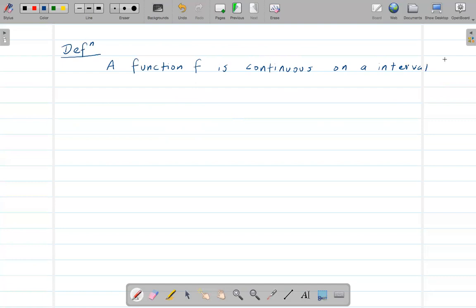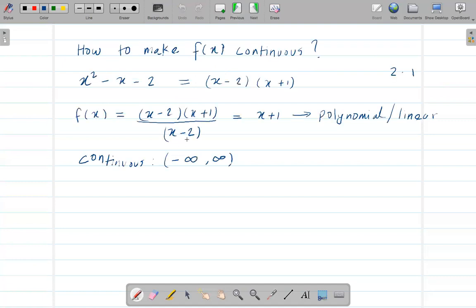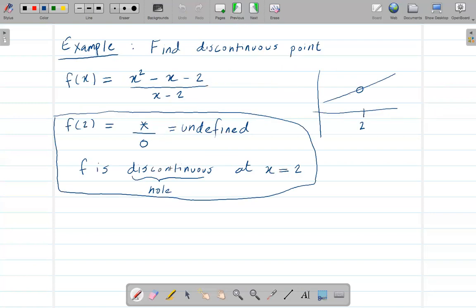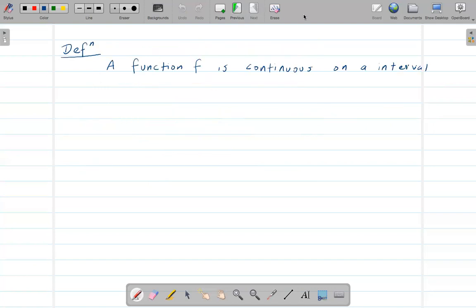The previous one, we did an example for one point, or basically found a point where it is discontinuous. Now it's a similar idea, but we're considering an interval. Even on this one, since we said that it is discontinuous at this point, everything else except this point would be continuous, right?